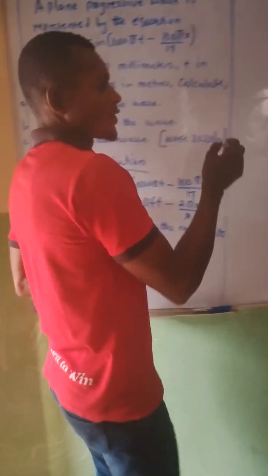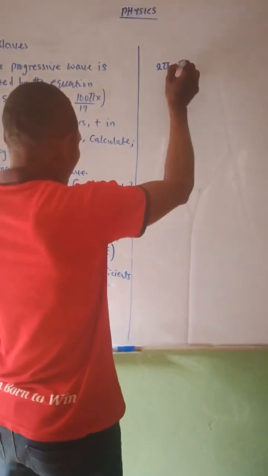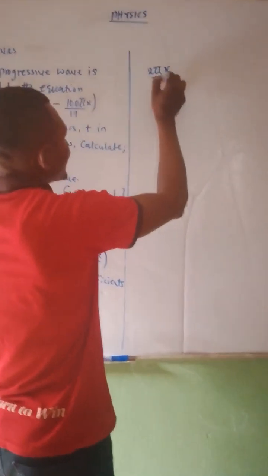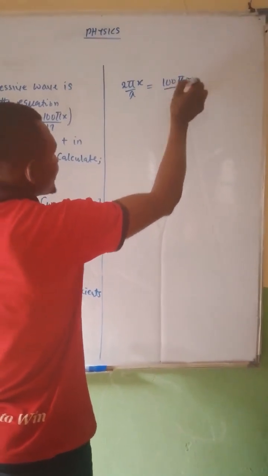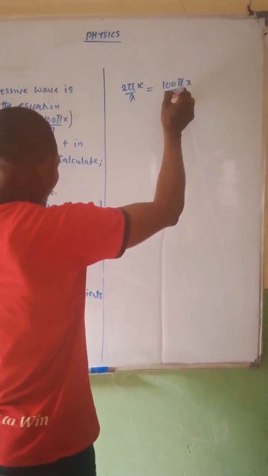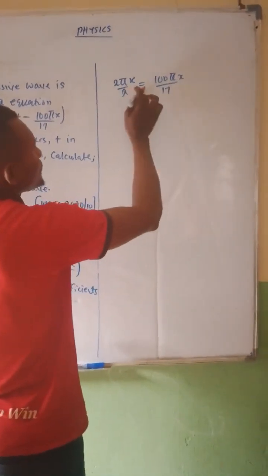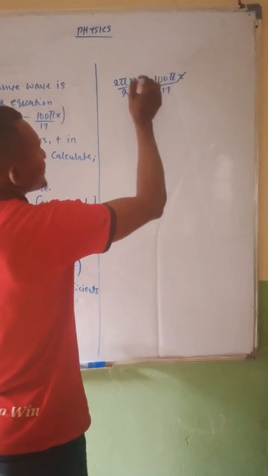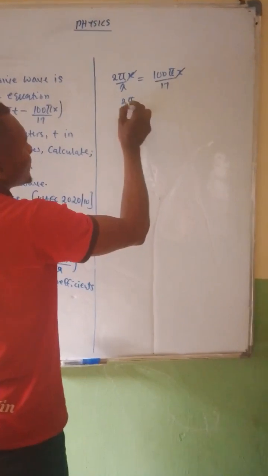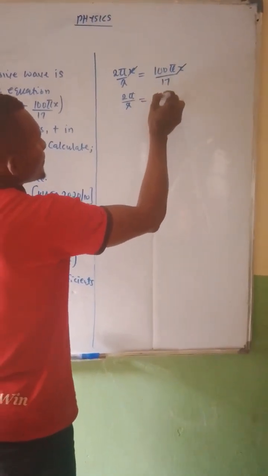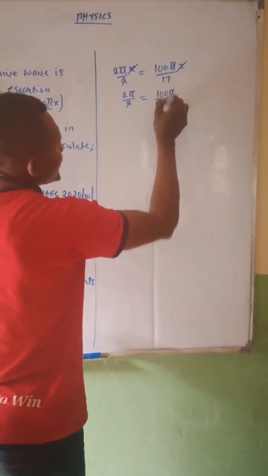So now, we can write 2 pi x over lambda is equal to 100 pi x over 17. If you divide through by x, this x will cancel out. So you are left with 2 pi over lambda is equal to 100 pi over 17.